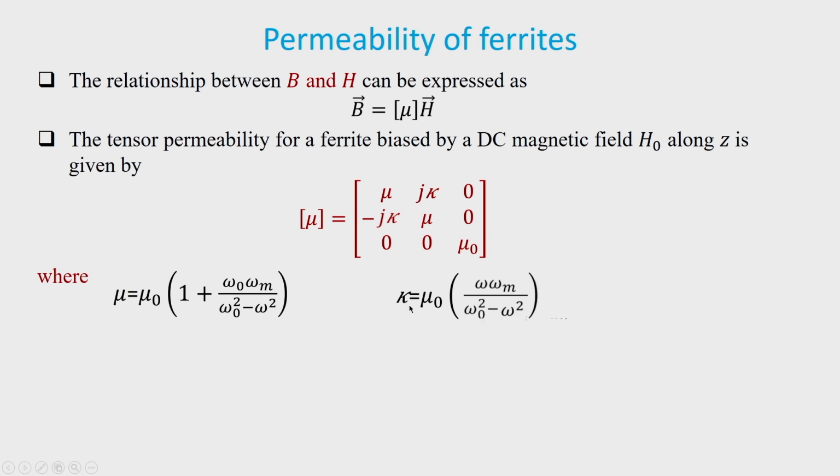Kappa is equal to mu naught omega omega m divided by omega naught square minus omega square.